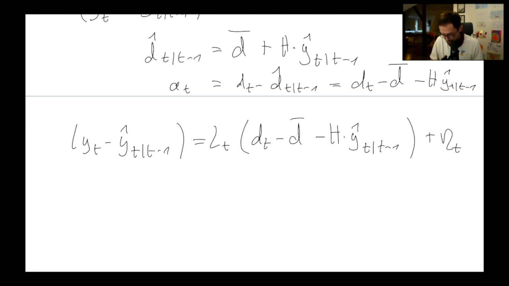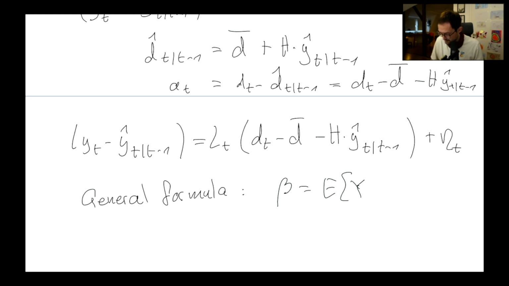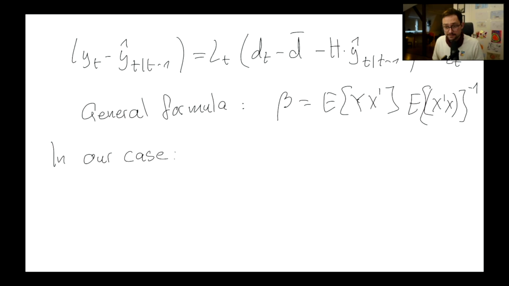Now, what is the general formula of a regression coefficient? Just as a reminder, in matrix form, that's the general formula for a population regression coefficient: the expectation of y times x prime, times the inverse of the expectation of x x prime. In our case, Lt is the expectation of left-hand side, right-hand side, all right?